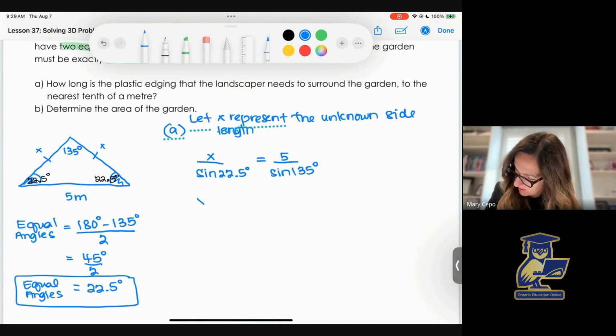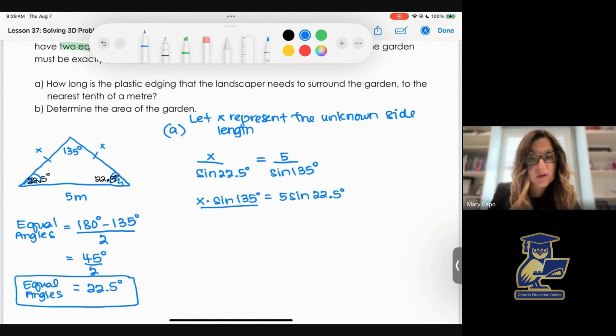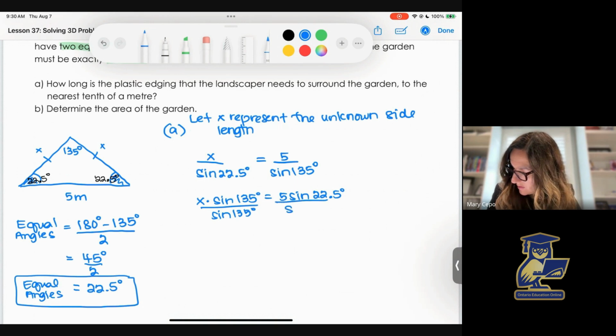So cross multiplying, okay, we need x by itself, so we're going to divide both sides by sine 135 degrees. Okay, keep in mind we're rounding to the nearest tenth.